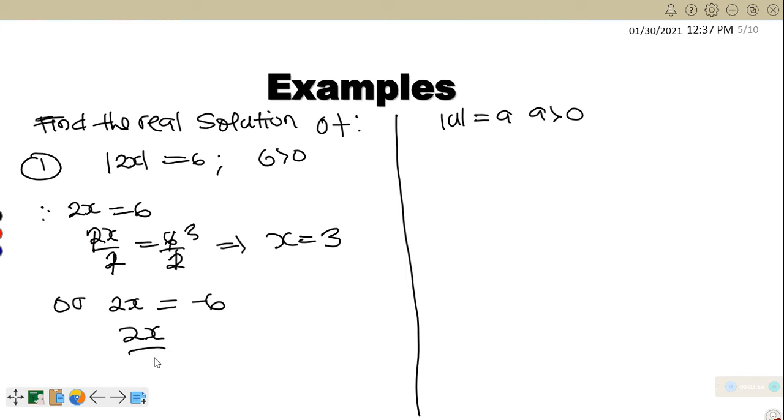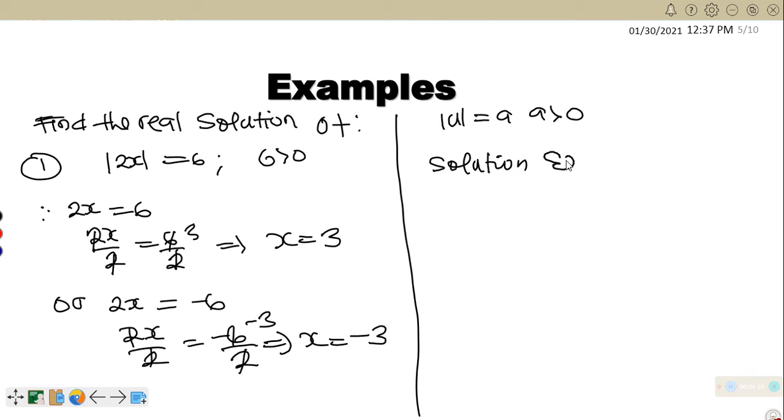Dividing both sides by 2 as well, we have minus 6 over 2, which gives us minus 3, so x equals minus 3. So the solution set of this equation is x equals minus 3, 3. And that solves the problem.